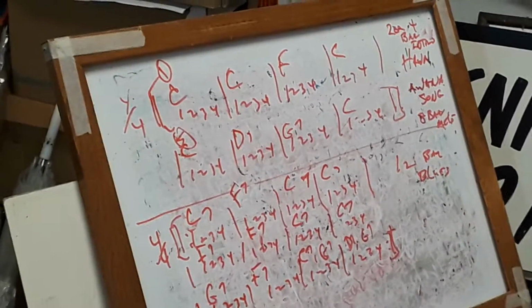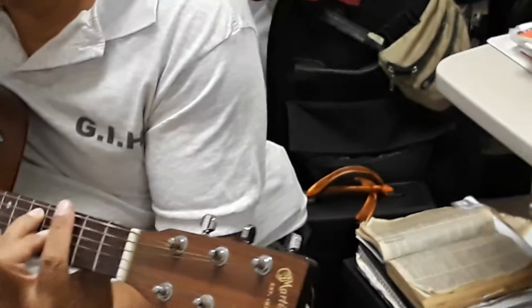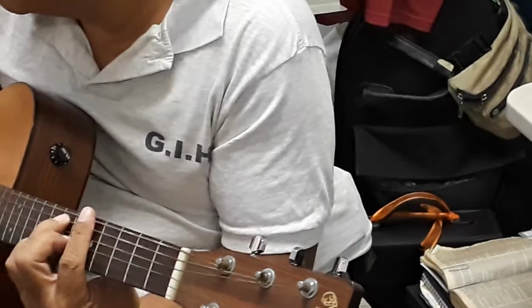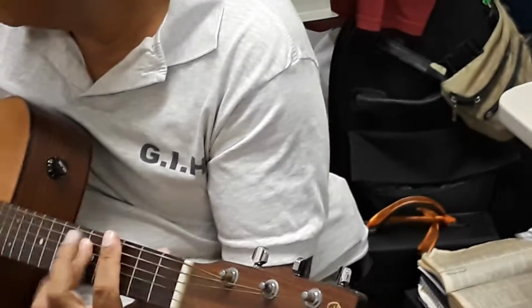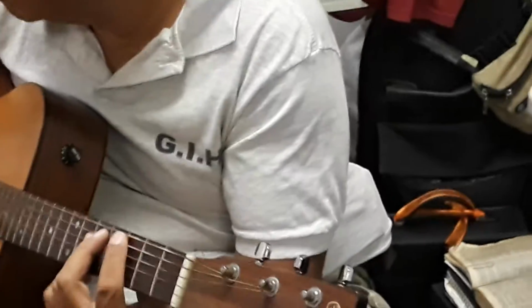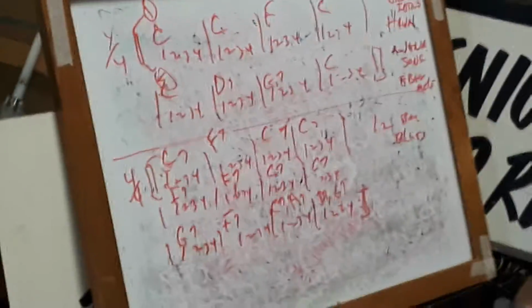That's a turnaround. So this would be A7. There you go. So that's 12 bar blues, jazz style instead of Hawaiian contemporary.